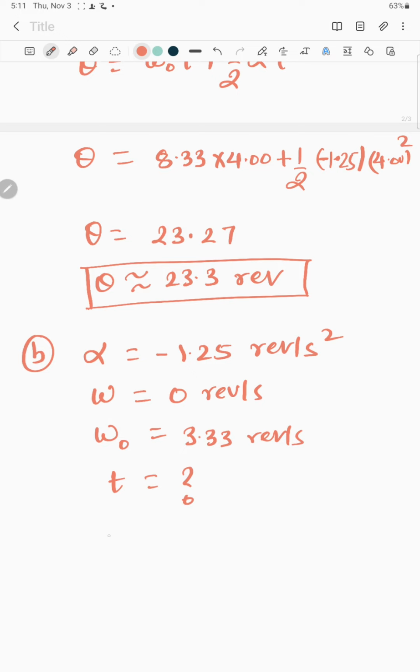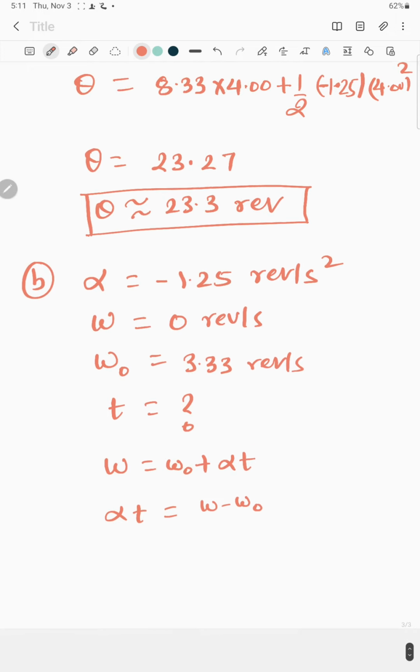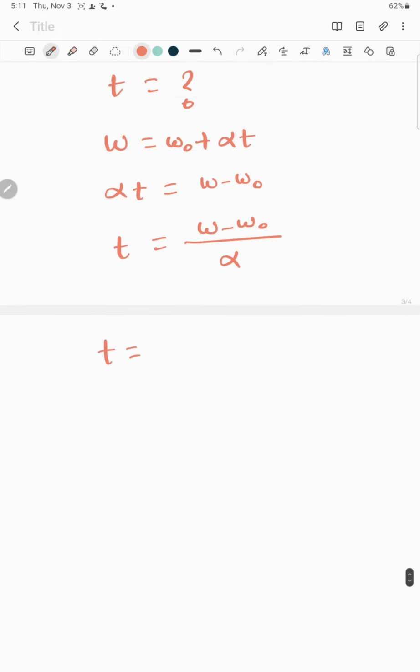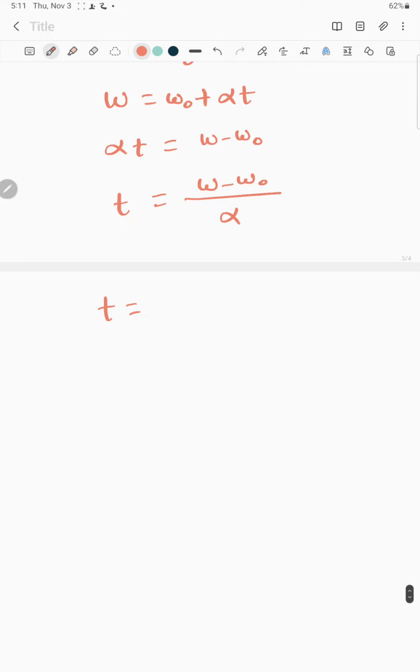Now we again can use omega equal to omega naught plus alpha t. From here alpha t will be equal to omega minus omega naught, and calculating t, omega minus omega naught divided by alpha. So t, which is the time required to come to complete rest, is 0 minus 3.33 divided by negative 1.25.